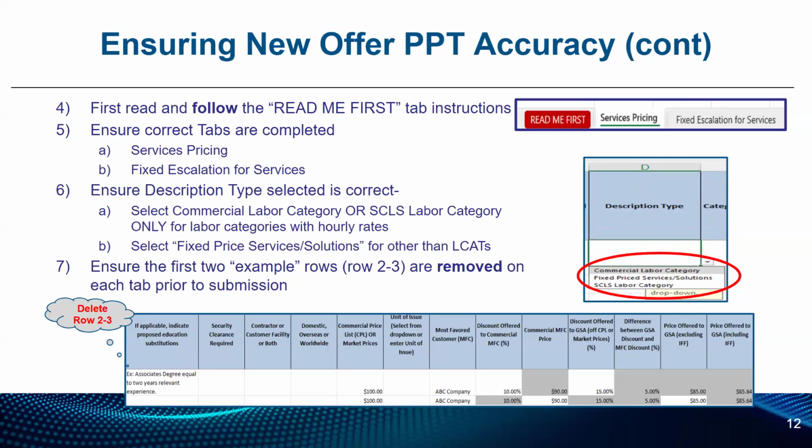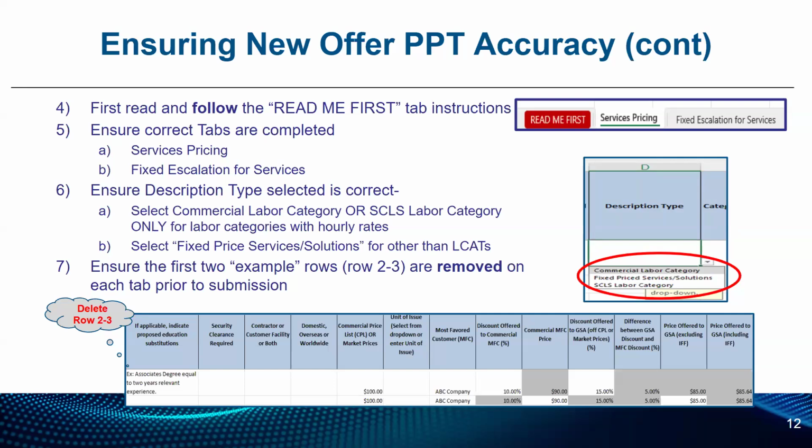I know it takes a little bit of time, but it's super helpful to learn and understand the requirements and instructions prior to completing the template. Make sure the correct tabs are completed. When it's a new offer, it's not as difficult because you only have a few tabs, but you want to have your services pricing. And then if you have a fixed escalation, make sure your fixed escalation tab is completed.